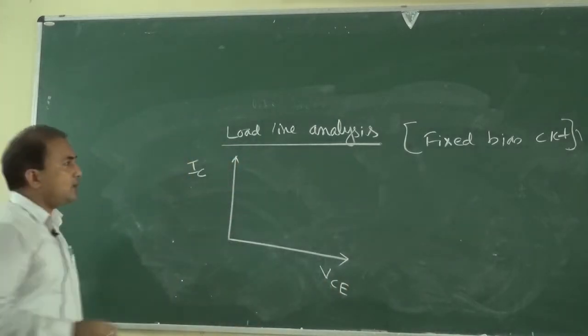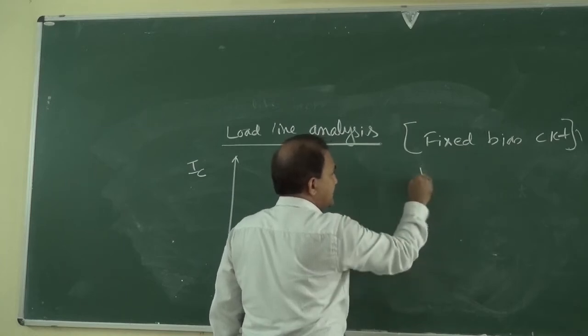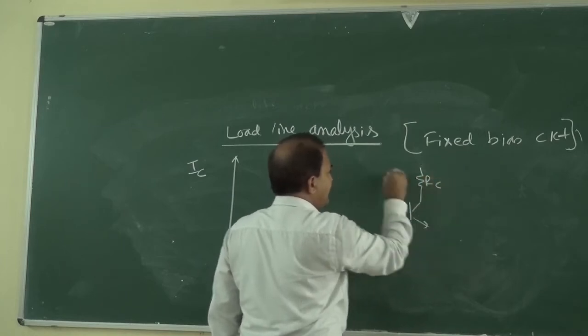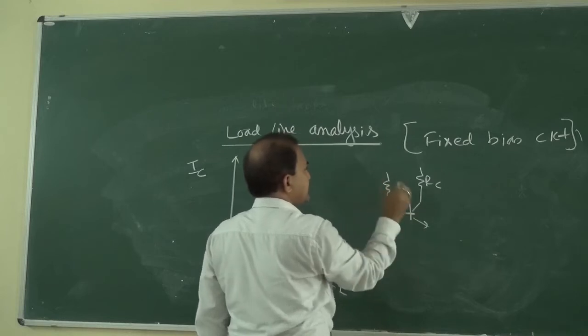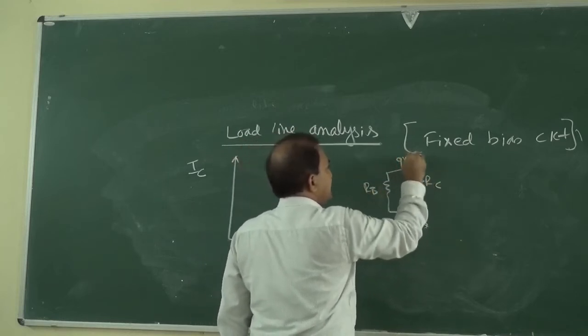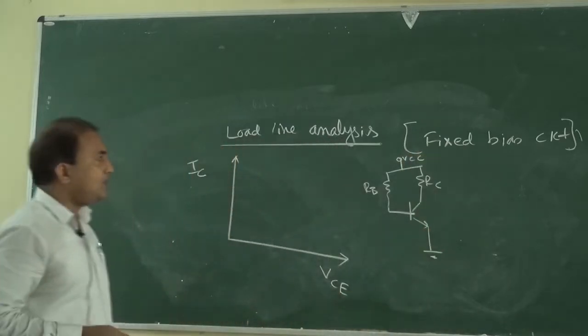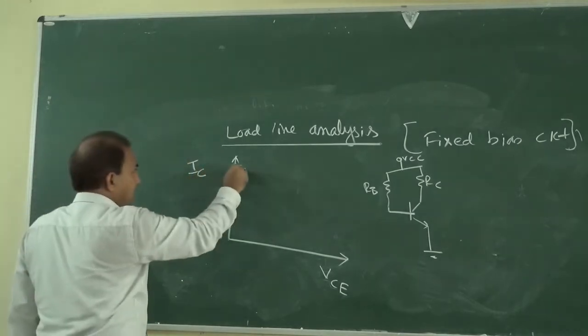How can we determine the load line for this circuit? The circuit has RC and RB, this is VCC and this is ground. How can we determine the load line?